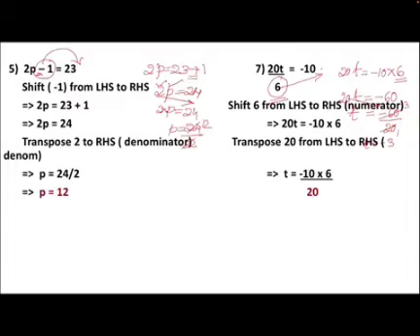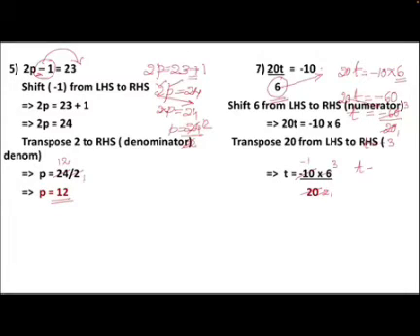Okay, so how did this p become 12? 2 ones, 2 12s. So p is 12. Here you can cancel any which way. Here what we have done is, you can do 10 into minus 1, 10 into 2, again 2 ones, 2 3s.